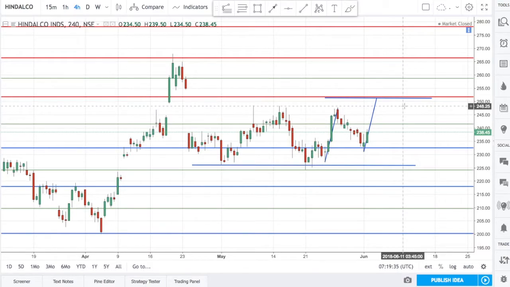So that is our first supporting reference, the decompletion point. Next, Fib confluence.